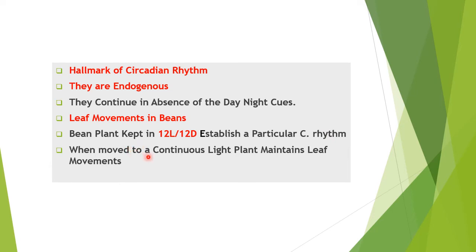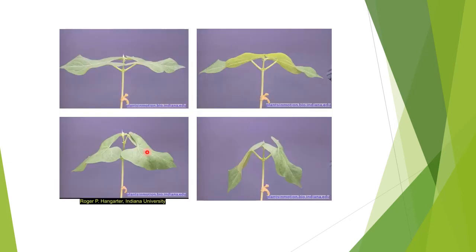When it is moved to continuous light, the plant maintains leaf movement. Normally it requires 12 hours light and 12 hours dark. Suppose it is the normal plant, you subject it to 12 hours light and 12 hours dark, it will show the rhythms, and then you shift it to continuous light, and again the rhythm takes place there.